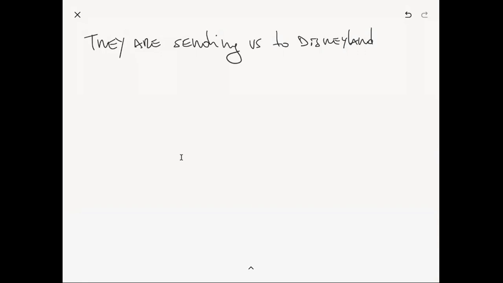So the doer of the action then is they. This is a noun phrase performing the role of subject. Are sending is a verb phrase performing the role of verb. They are sending who? Us. Therefore, this is a noun phrase performing the role of object.